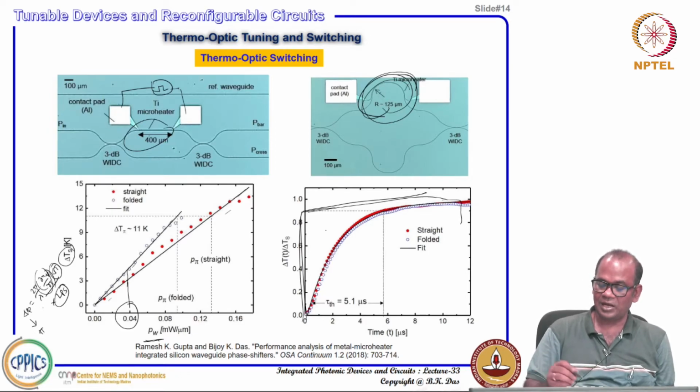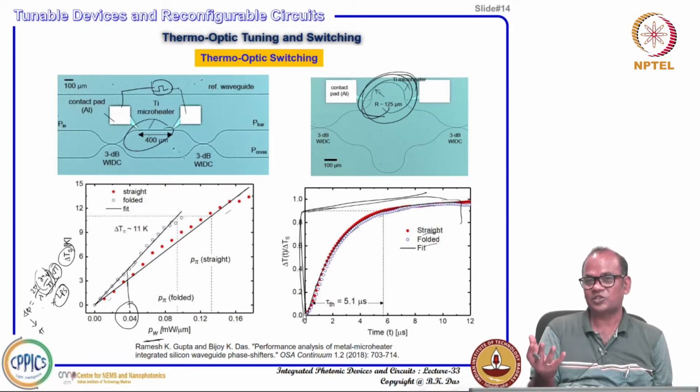You have to see how fast it is happening. For the straight waveguide and the folded waveguide, the temperature rise follows the same path as a function of time. So, it does not take much time, because per unit length, that is a physical parameter of the waveguide structures.